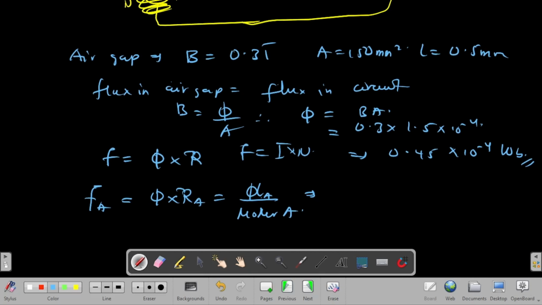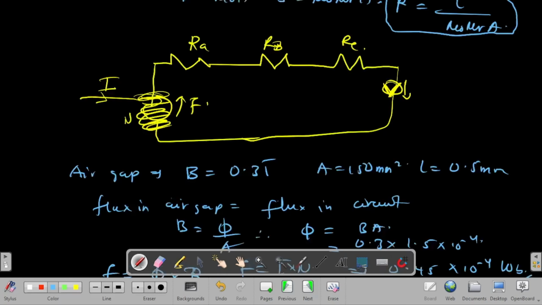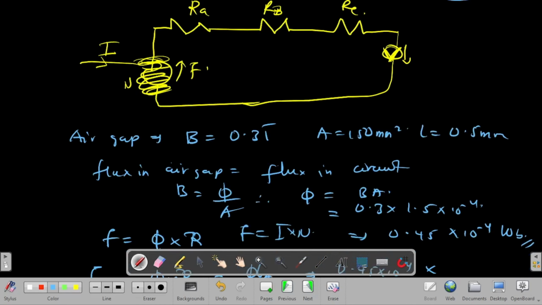It's 4 pi times 10 to the power negative 7. So we have 0.45 times 10 to the power negative 4 for the flux, times the length of A. The length of A was given as 80 millimeters, cross-sectional area 50 millimeters squared.